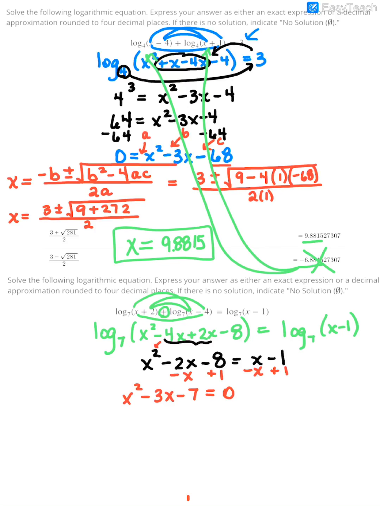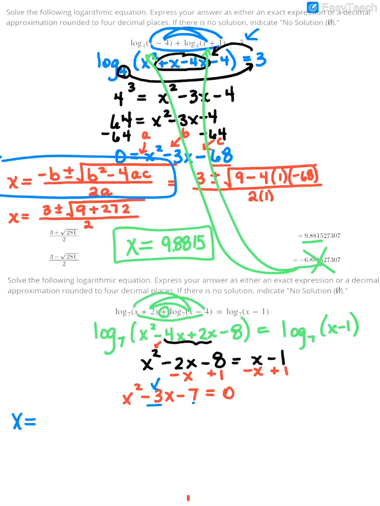Again, try to factor first, but unfortunately in this case, once again, there are not factors of negative 7 that can produce that middle term of negative 3. So when that happens, we go back to our quadratic formula. And since I wrote it up here, I won't write the formula again. I'll just go straight to plugging it in.